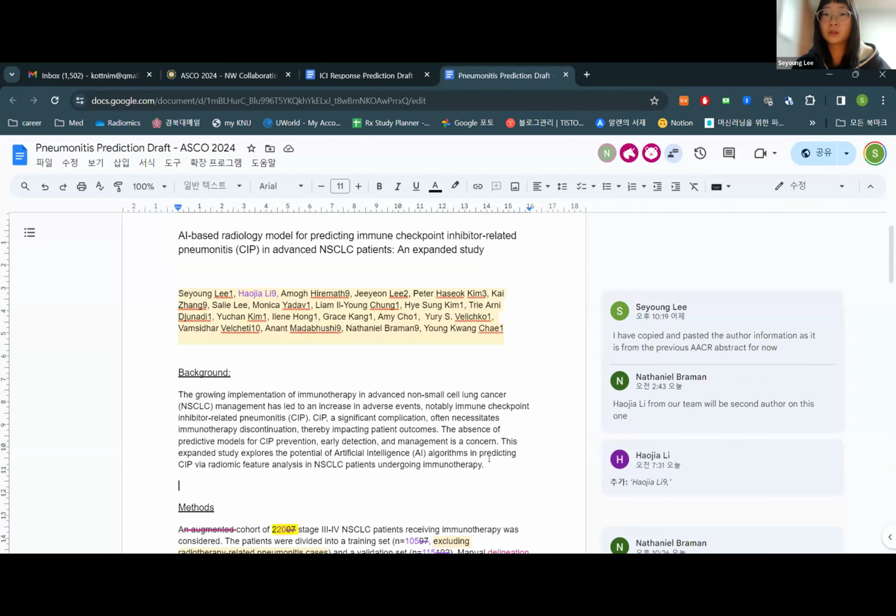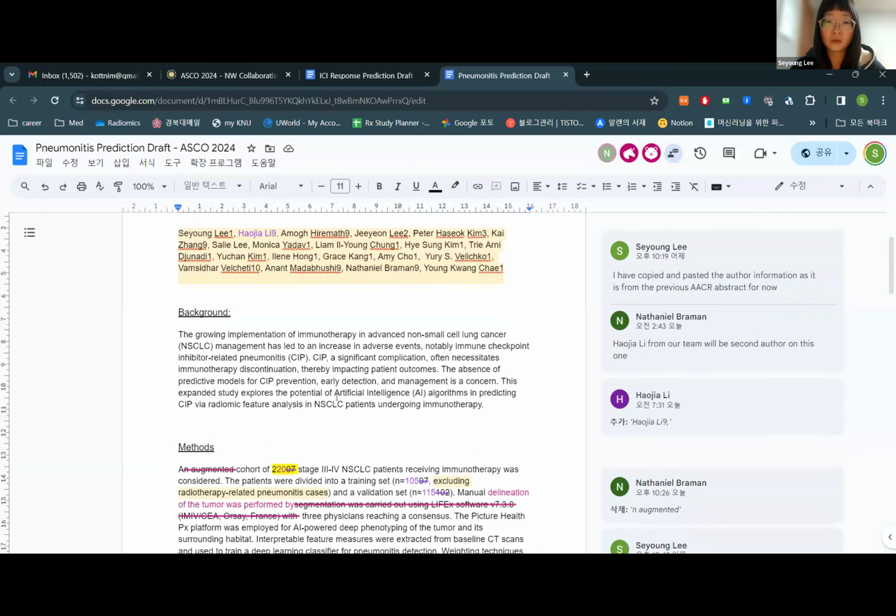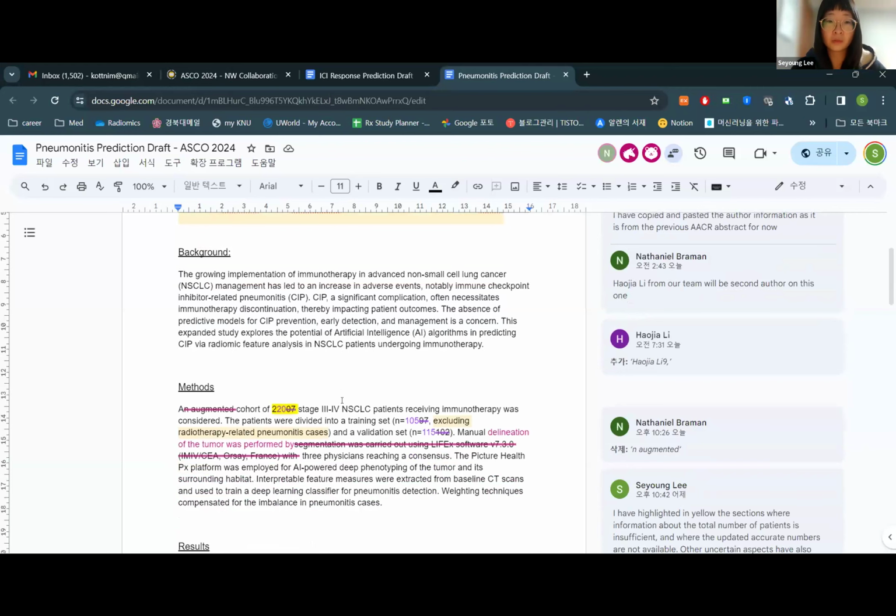I thought we had to show why we are doing this again, so I just added that. And is the title exactly the same as before? No, the title isn't exactly the same, and the method has changed a bit.